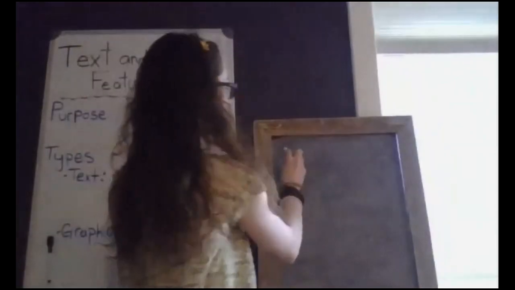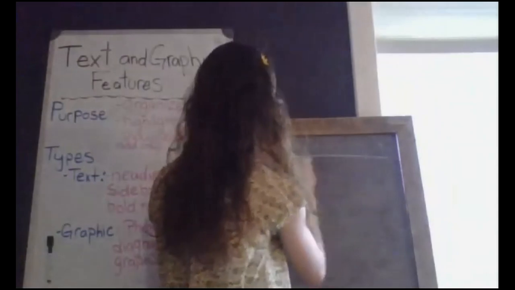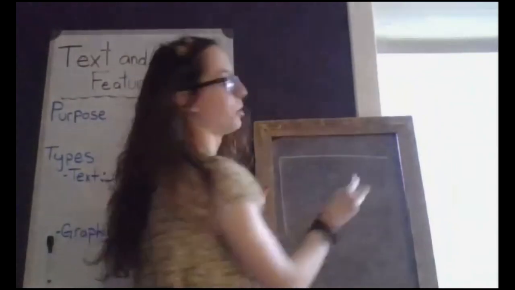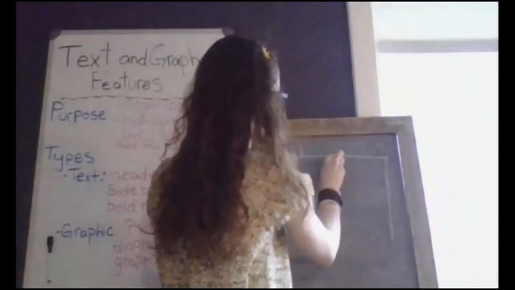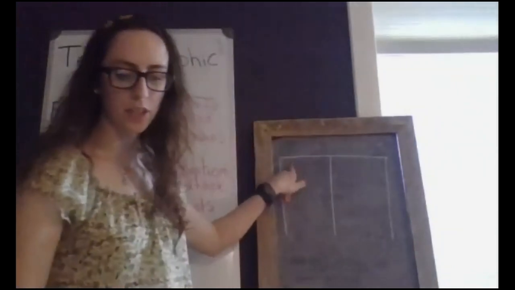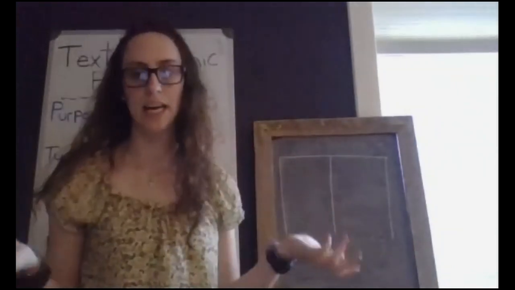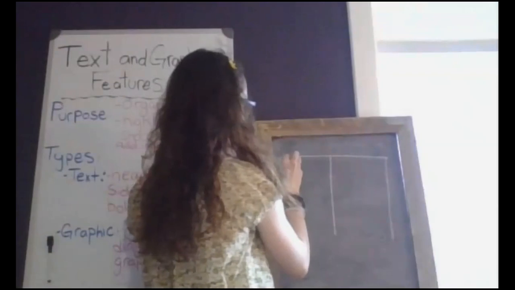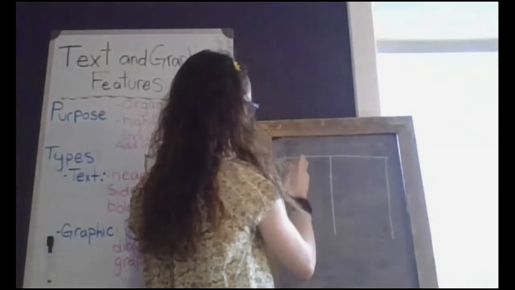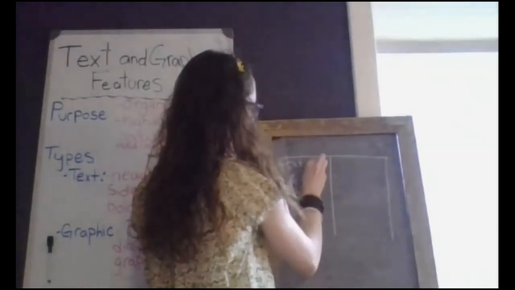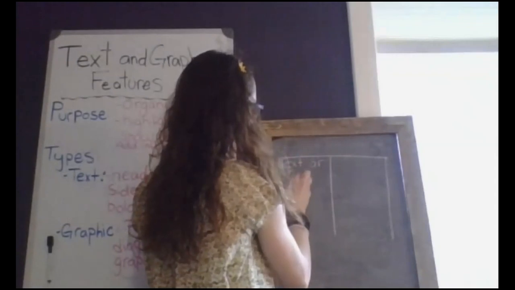The way I would suggest doing this chart is making kind of like a T-chart. But I like my T-charts to have walls. So on one side of the chart, you're going to say what the text or graphic feature is. Text or graphic.